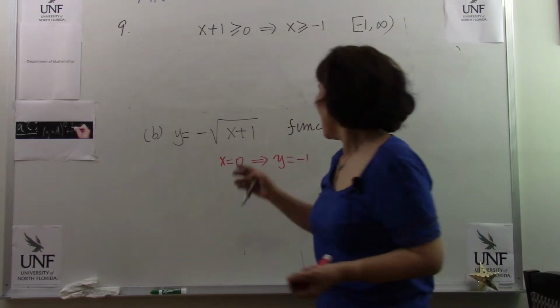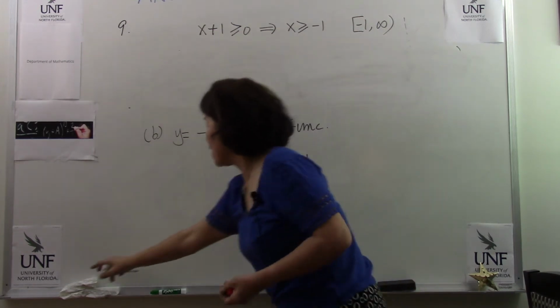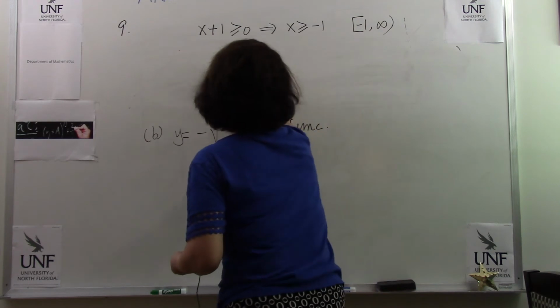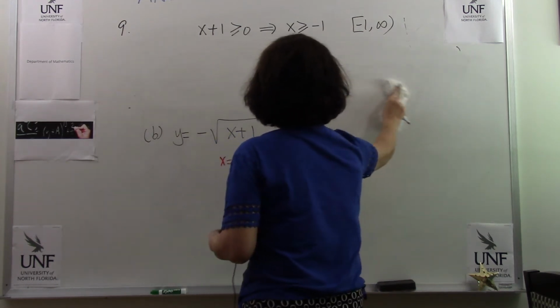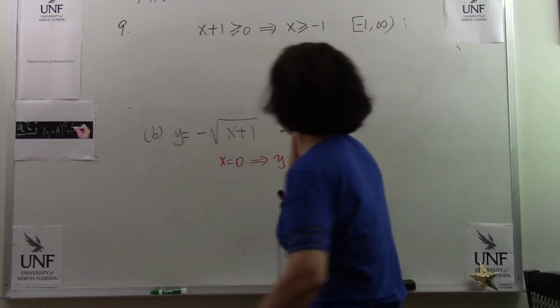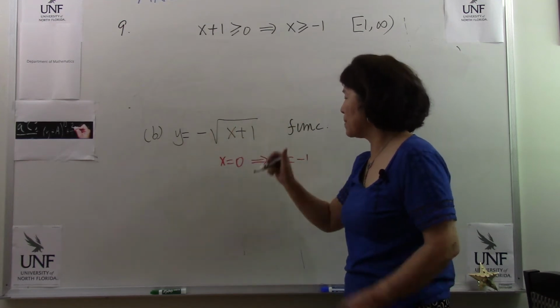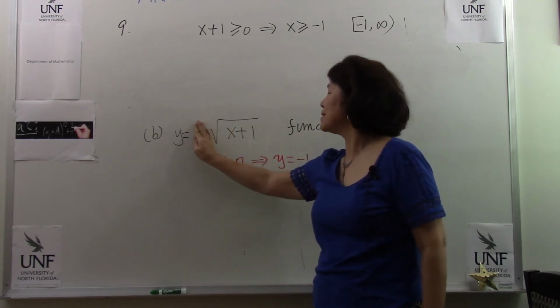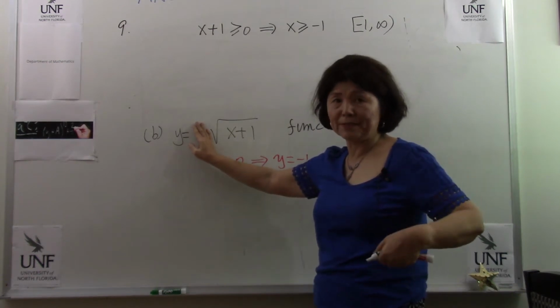Okay. What about range? In terms of this y value, y value is negative of square root of something. Without this minus sign, square root of something is always what? 0 or positive number.